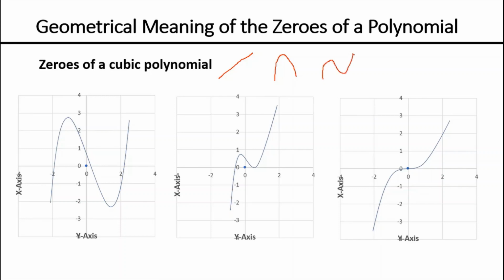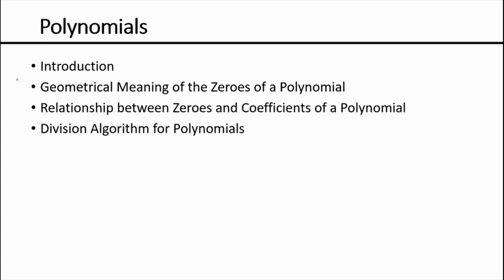Before concluding this video, let us revisit what we have learned in this video. In the introduction section, we have seen what the different types of polynomials are. Then we have determined what exactly zeros of a polynomial are. And at last we have seen how to calculate values of a polynomial at a particular value of the variable.